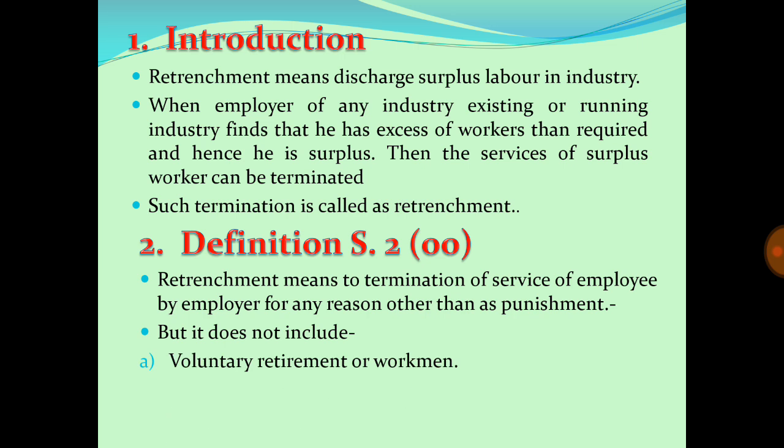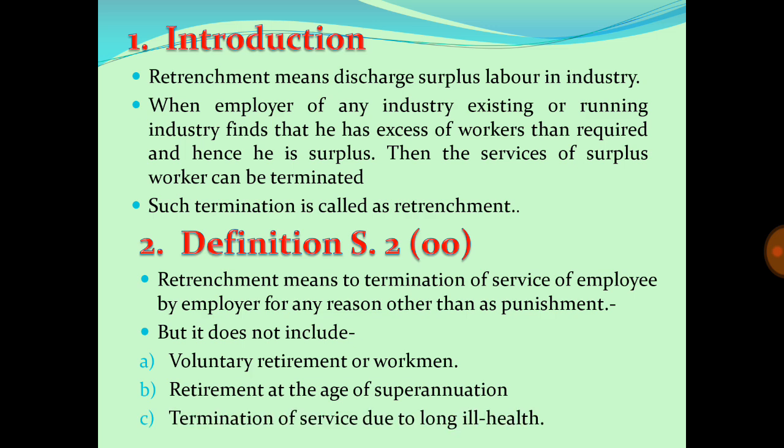Number one, voluntary retirement by the workman. Secondly, when the workman is retired at the age of superannuation. Superannuation age means the maximum age limit at which the worker has to compulsorily retire from work. Third reason is termination of service due to long ill health.